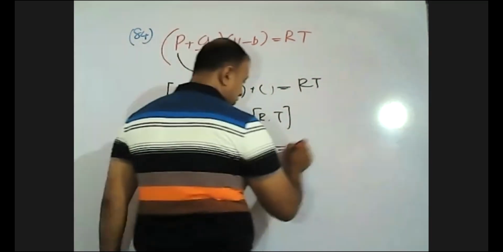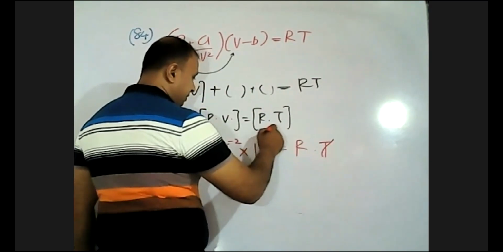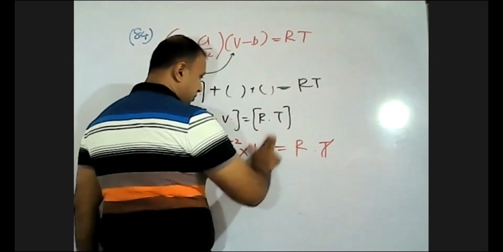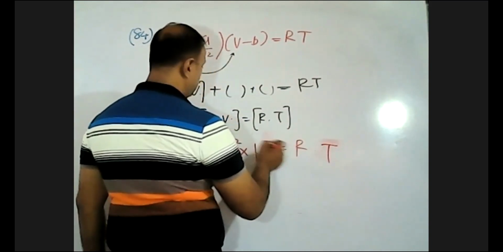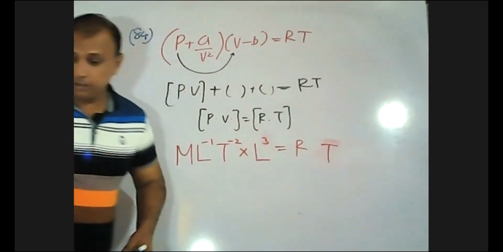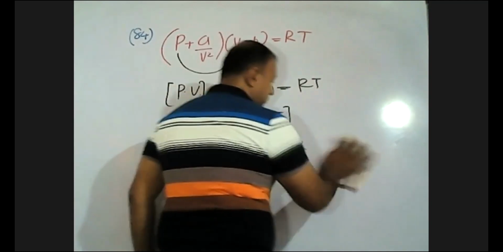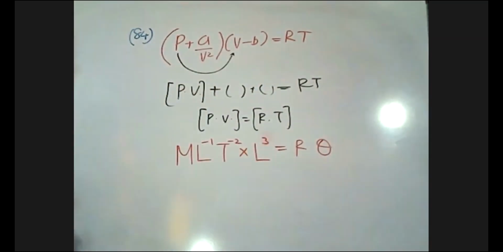That is equal to R into T. Here T is temperature, and we have to take the dimension of temperature as theta because it is given.